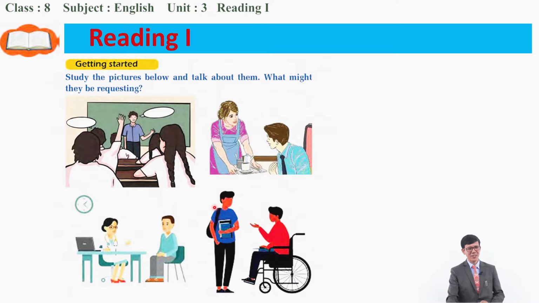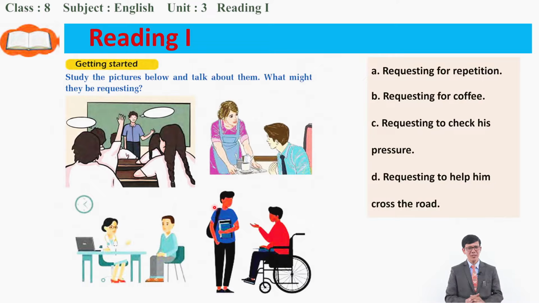Now let me show you what they might be asking for. This is just for your convenience. Maybe requesting for repetition, right? If you are also confused in a classroom, you might ask your teacher to repeat the lesson or some confusion. And for this one, maybe requesting for coffee.